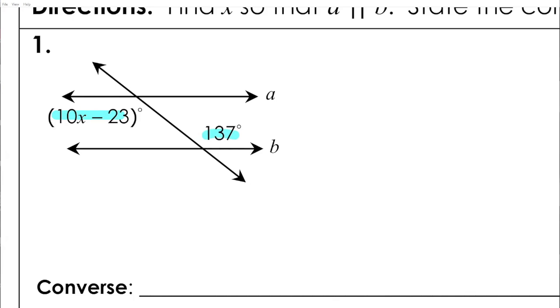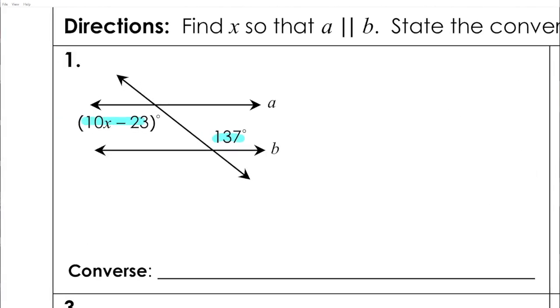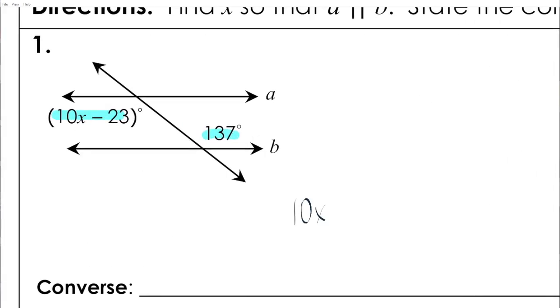In order for alternate interior angles to create a congruent relationship, they are going to have to be equal to one another. So we're going to solve this equation because we want to find the value of x that makes that relationship true. So 10x minus 23 is 137. This isn't any different than the way we learned it.